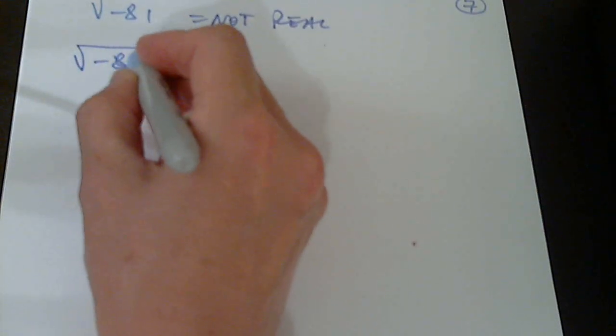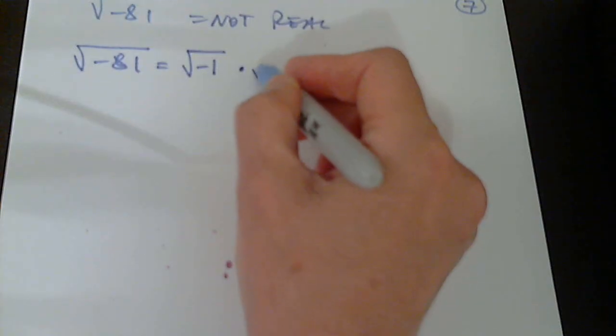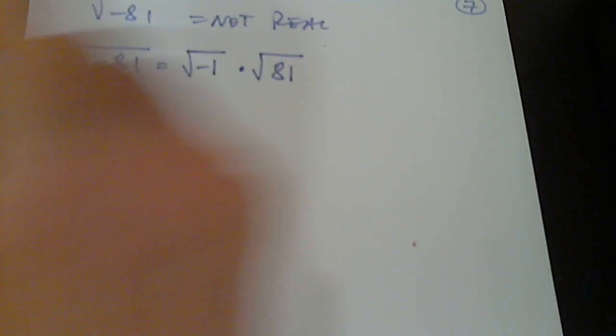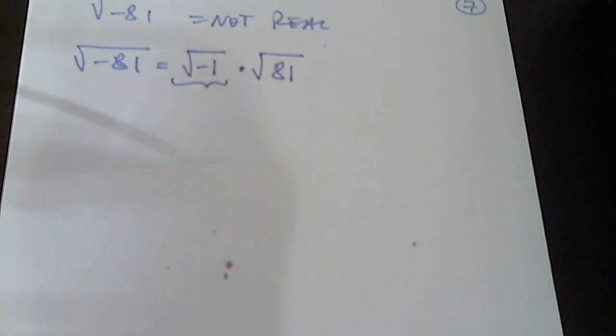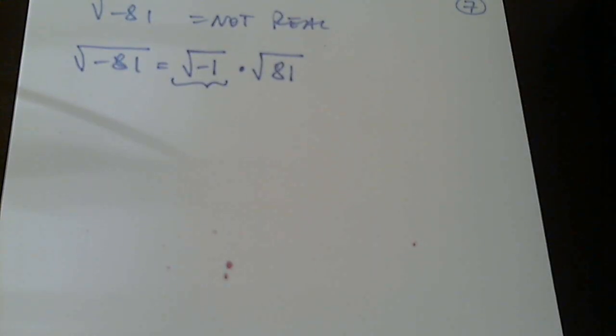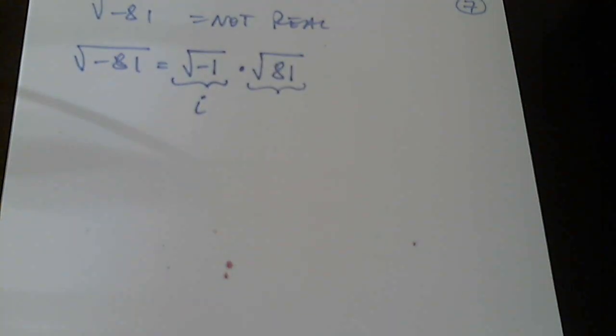So what do we do with this? We have the square root of negative 81, which can be rewritten as the square root of negative 1 multiplied by the square root of 81. What do I replace this piece by? I. Exactly. What do I replace this piece by?